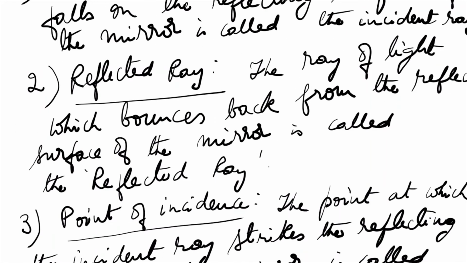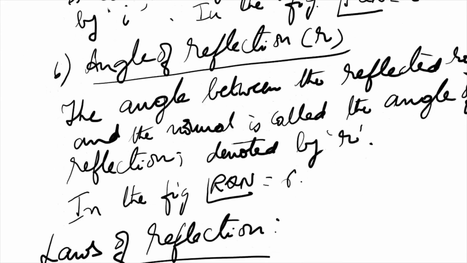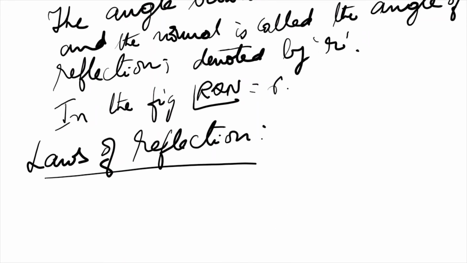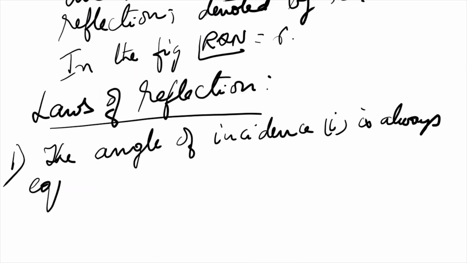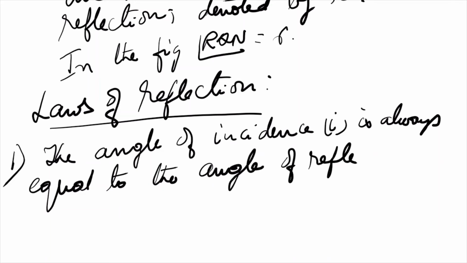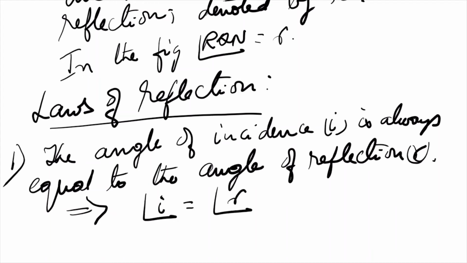So the two laws of reflection are: One, the angle of incidence i is always equal to the angle of reflection r, which implies angle i is always equal to angle r.